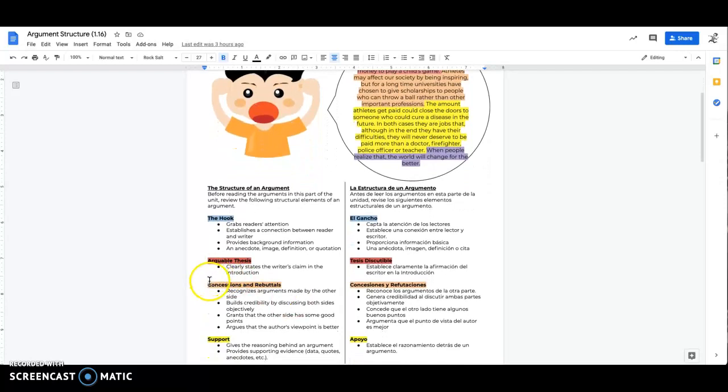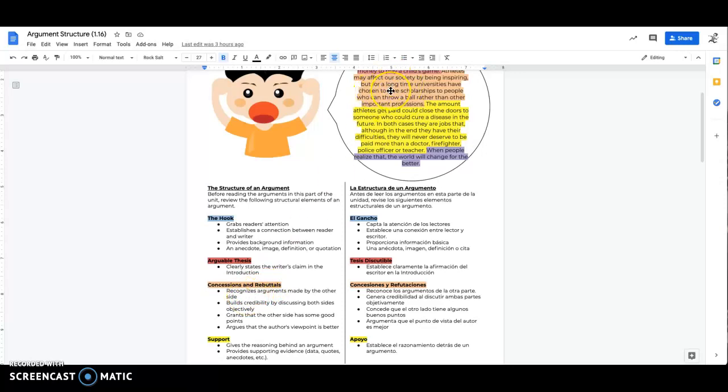The next element that we have here are concessions and rebuttals. This is something that is new when we're considering writing the argument essay as compared to the definition essay. A concession or rebuttal is where you recognize the arguments made by the other side.